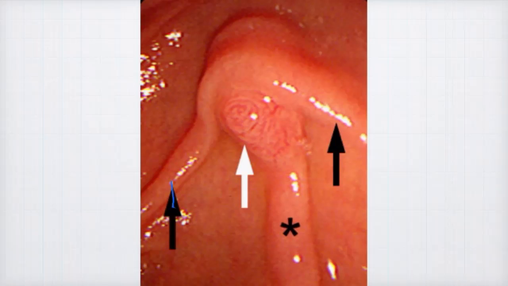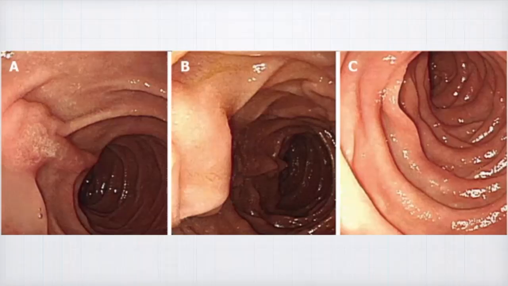These are the endoscopic pictures. So this one is the ampulla of Vater, very clear. This is the plica longitudinalis, and this is the third part of the duodenum, right?